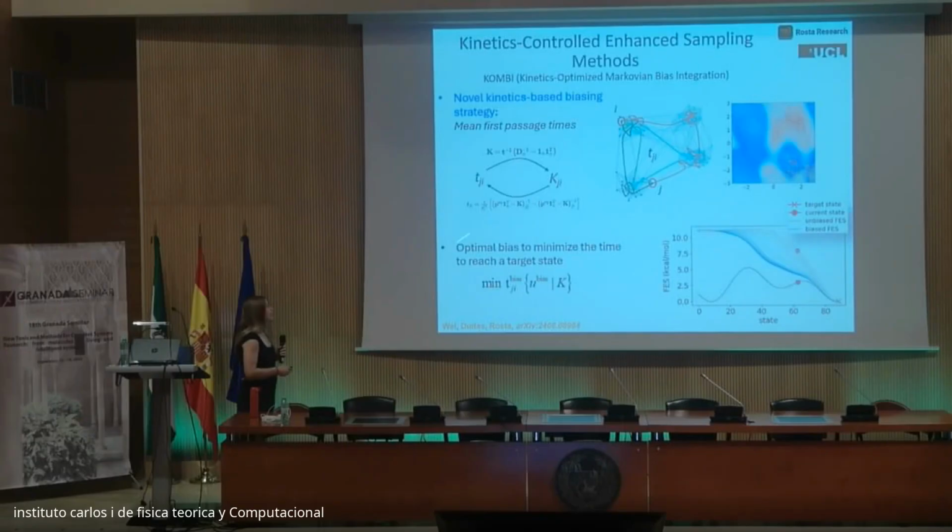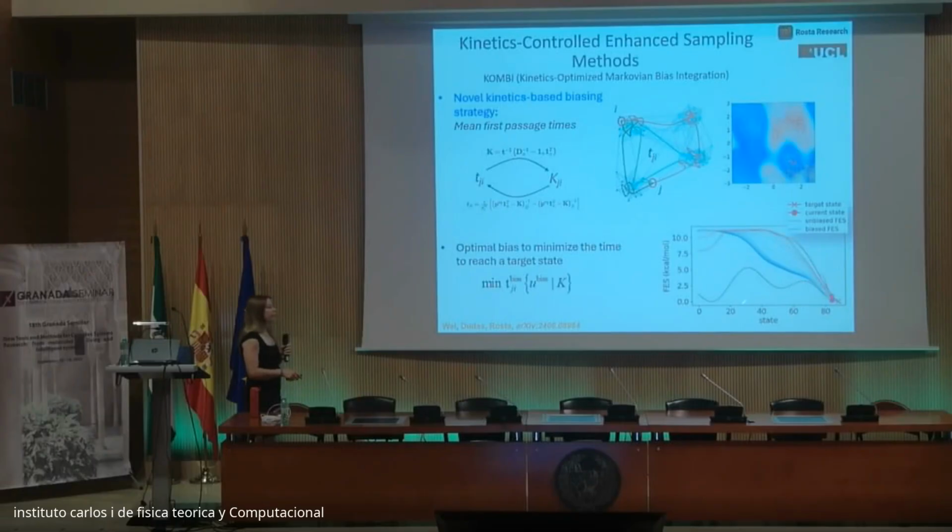And then we can ask the question, what kind of bias should we apply on the system to minimize the mean first passage time from I to J for a given protein. So that's the kind of biasing strategy we developed. And what we can see in here, we want to bias the system from an initial point here to a target state here.